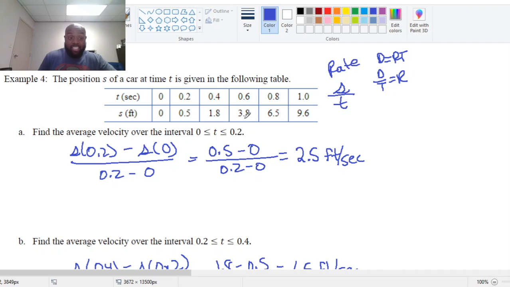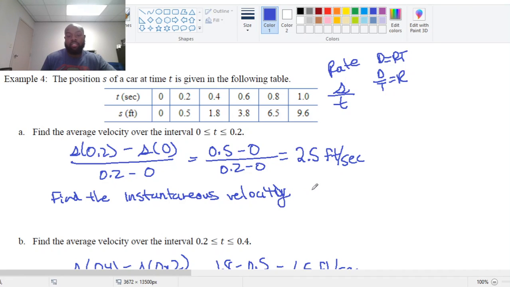Another way that I can ask this is, find the instantaneous velocity at t equals 0.2, right?